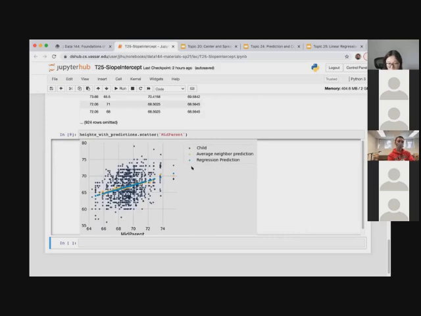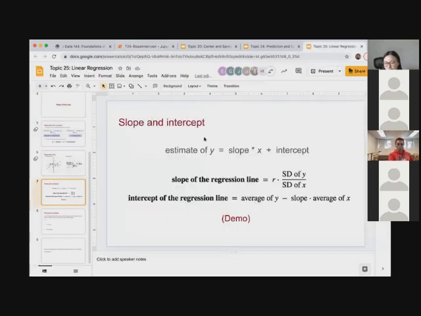So with the remaining 5 minutes, I want you to go back to your breakout room and discuss the differences and, I guess, similarities between the two types of predictions. Remember, the yellow one is the average nearest neighbor prediction, and that's what we had done before. We reviewed a little bit today as well. And the regression prediction is following the regression line that we have presented.